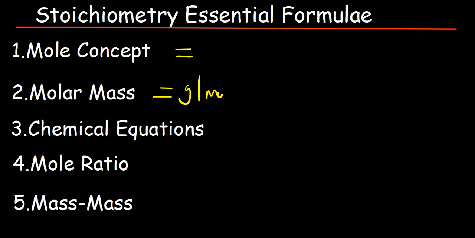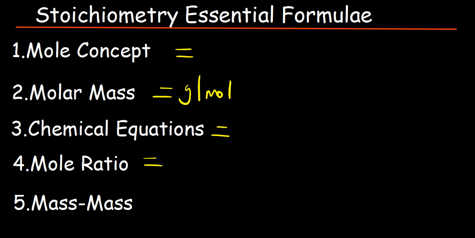Then you also have to understand the chemical equations. Here we've said you always use a balanced equation, because coefficients also represent the mole ratios. So the mole ratios, you are getting them from a balanced equation. Moles required or formed, how are you going to find that?